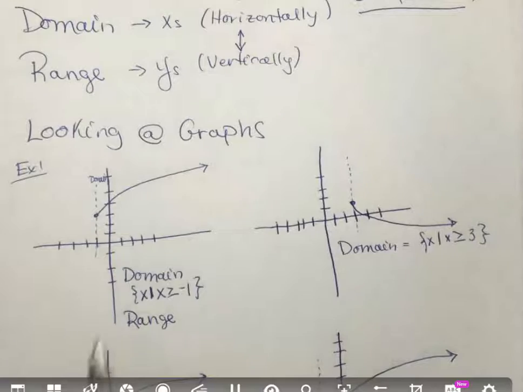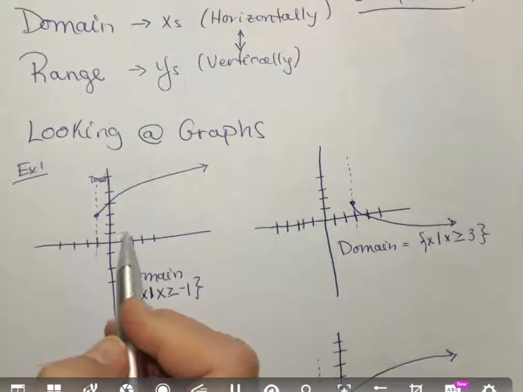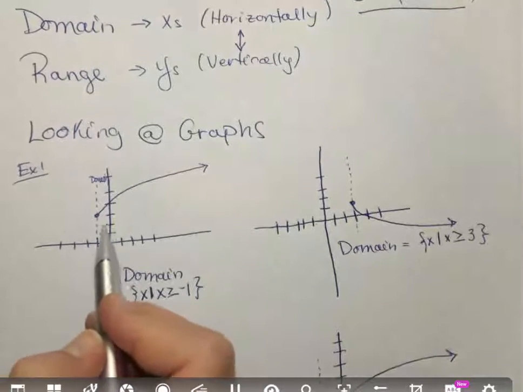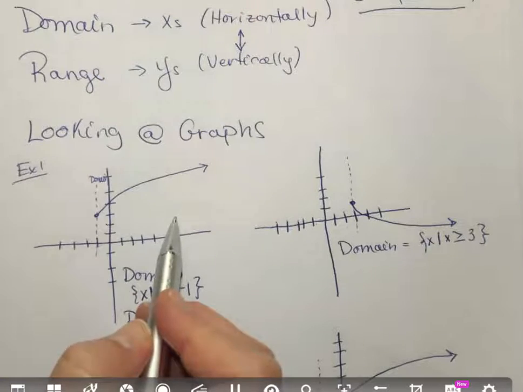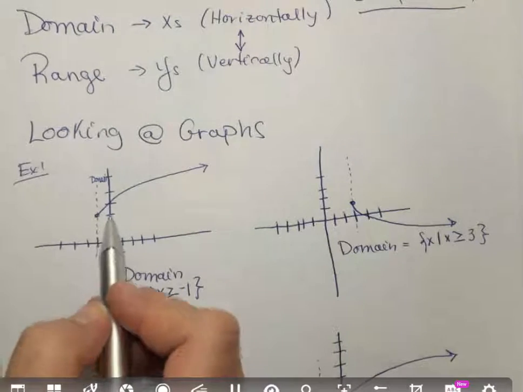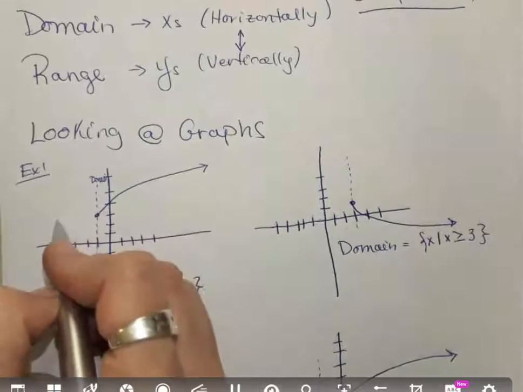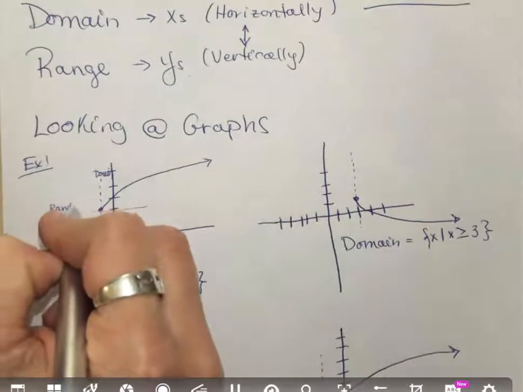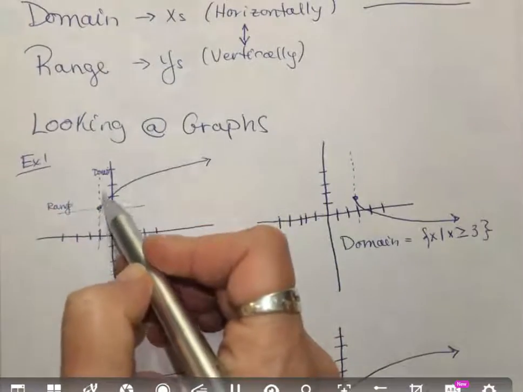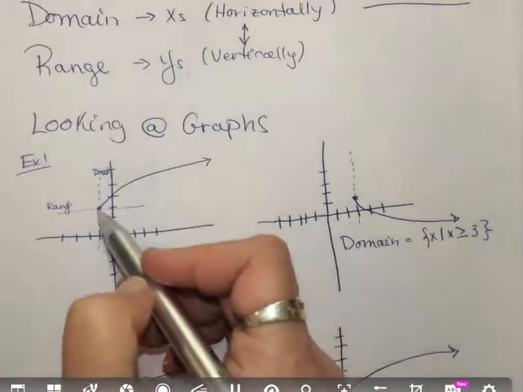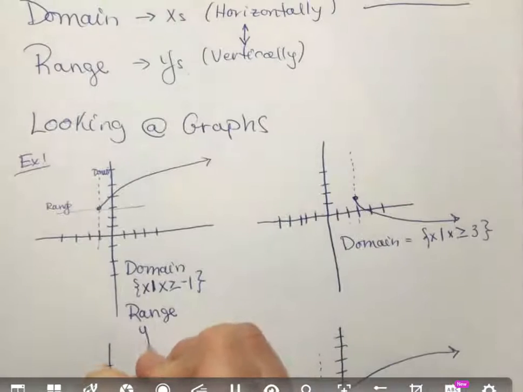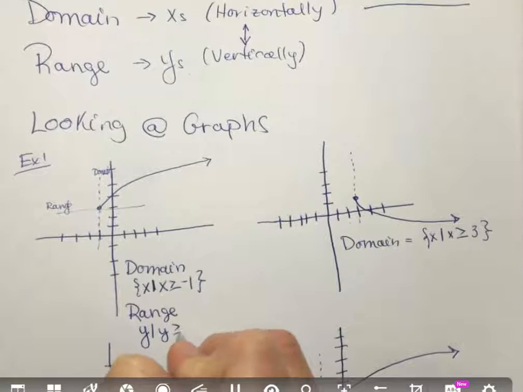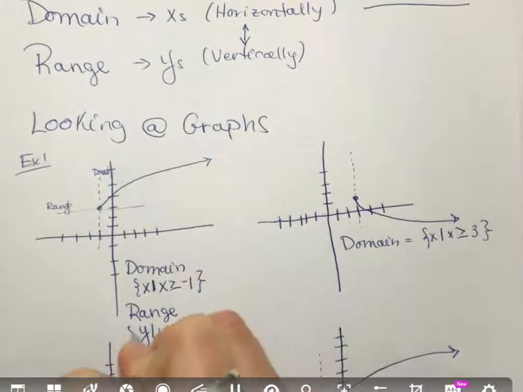And now if I think about it vertically, when y is equal to 1, y is equal to 2, still no graph. Y is equal to 3, ding, ding, ding. So this is my range. And I can find a value for y increasing. So it'd have to be y such that y is greater than or equal to 3.